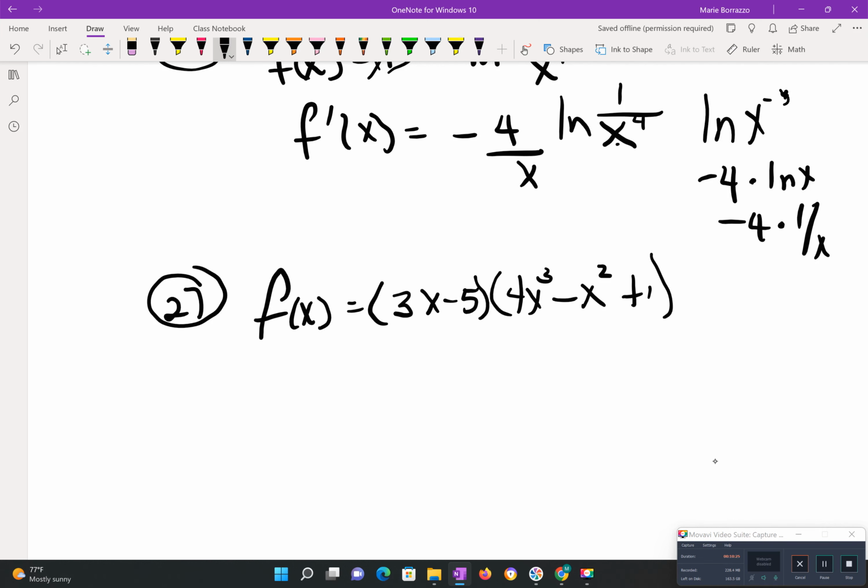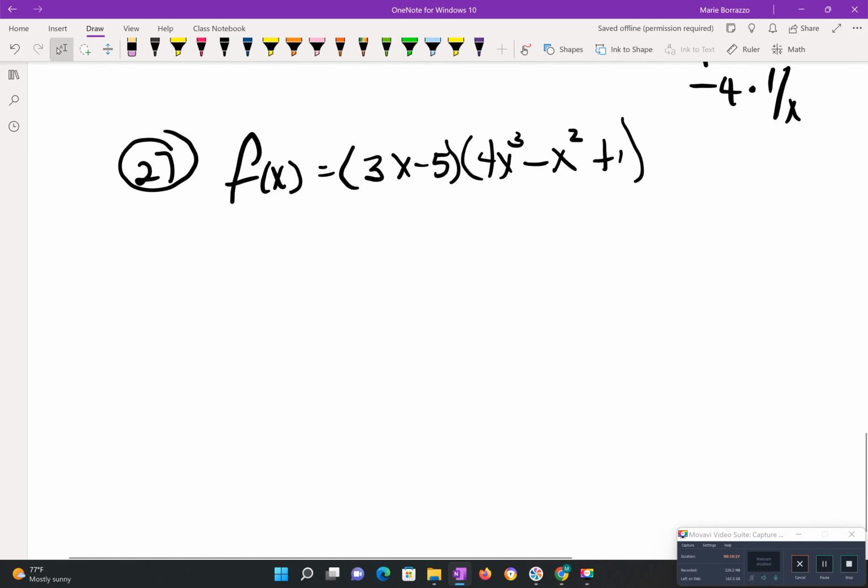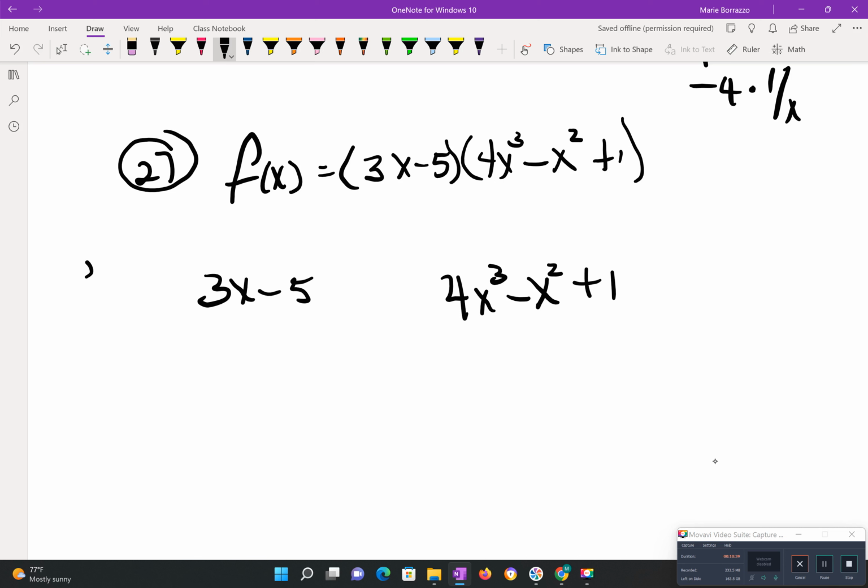Now this is a very easy process if we're going to find the first derivative. Remember, we're going to take 3x minus 5 and we're going to take the 4x cubed minus x squared plus 1. This is the original f of x values. We're going to now take the derivative of each separately. So this becomes 3. This derivative is 12x squared minus 2x.